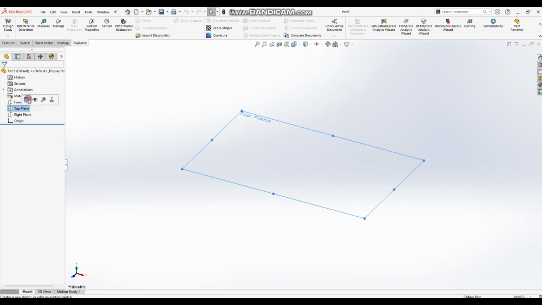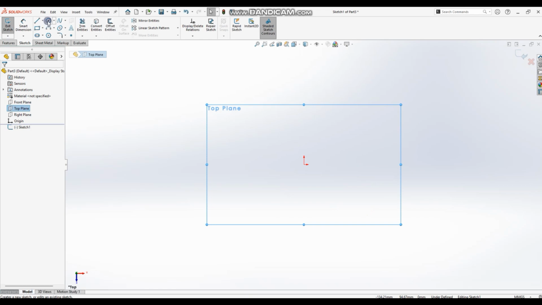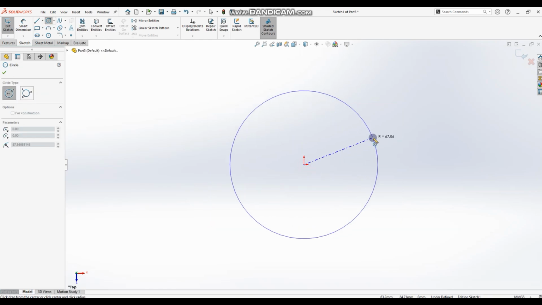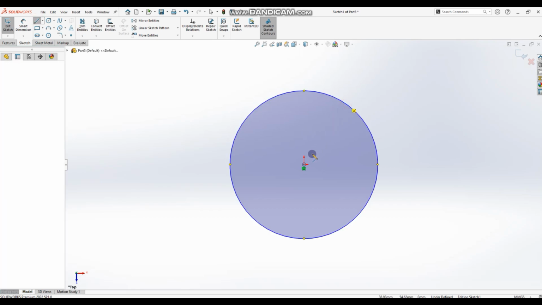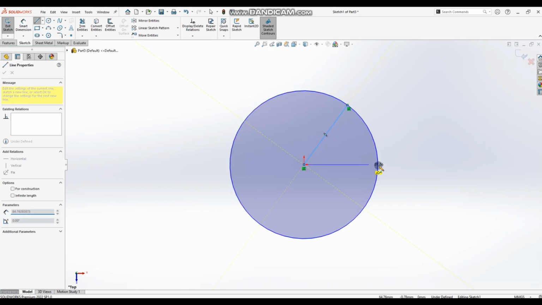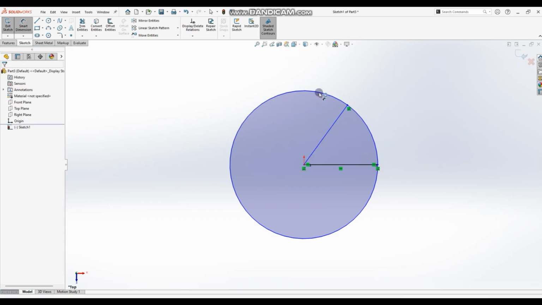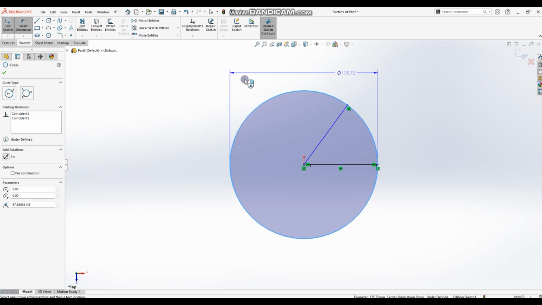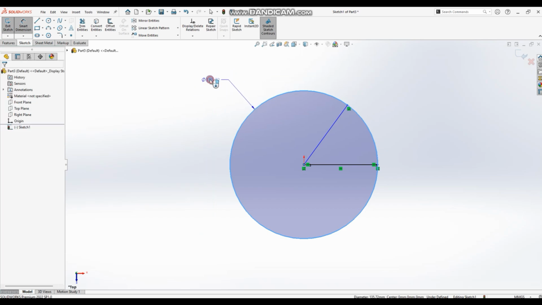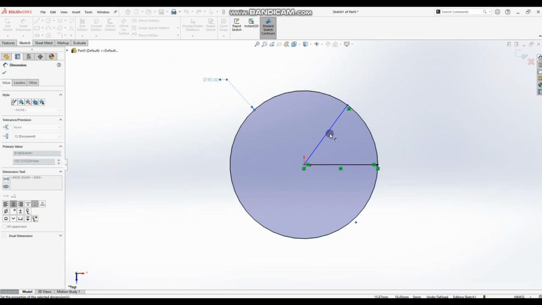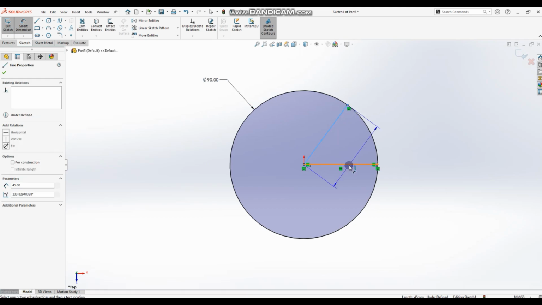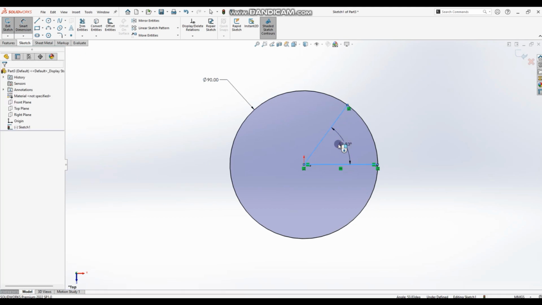Selecting top plane, sketch, and taking a circle and also a line, providing dimension. Diameter is 90, and providing angle is 50.